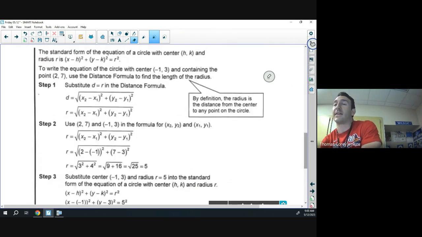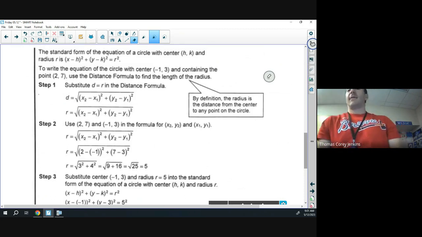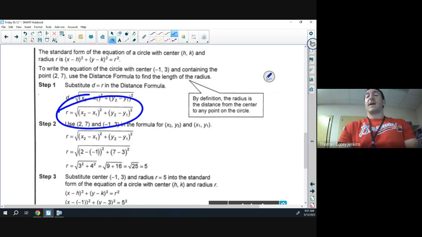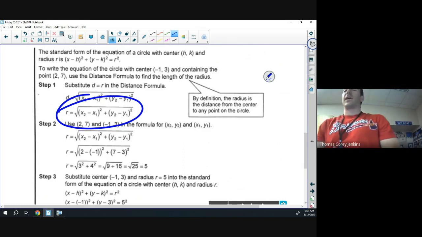You've probably seen this before, but the distance formula, if we're counting diagonally on a graph, we use the distance formula. It's derived from the Pythagorean theorem. The radius is the square root of the difference of your x's squared plus the difference of your y's squared.